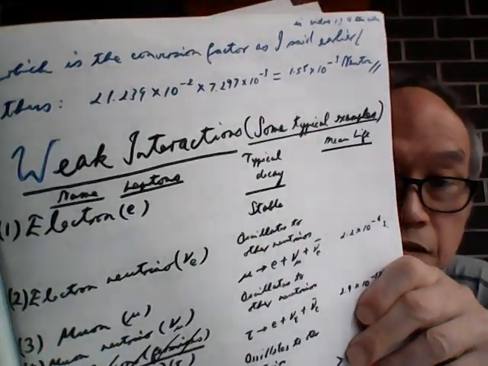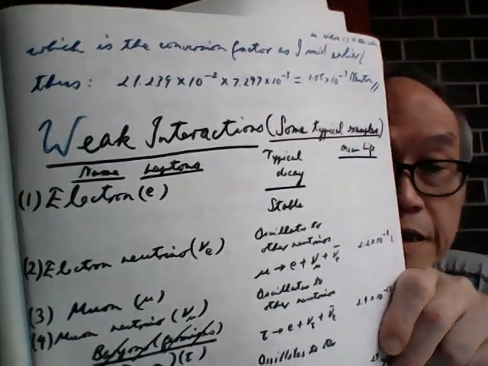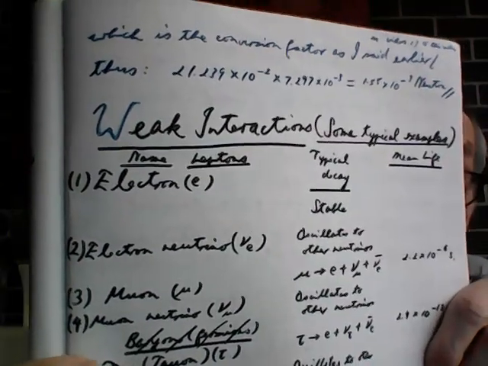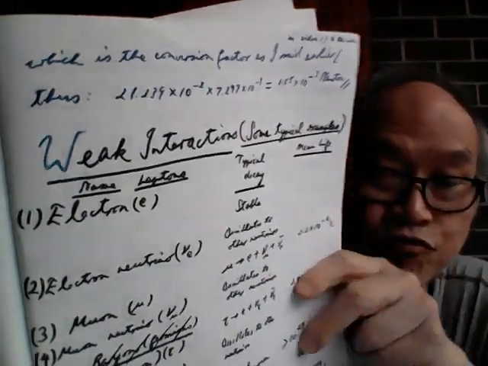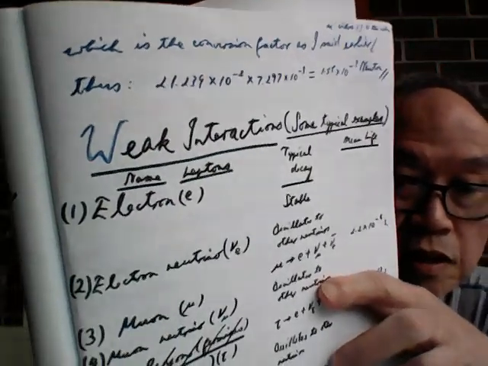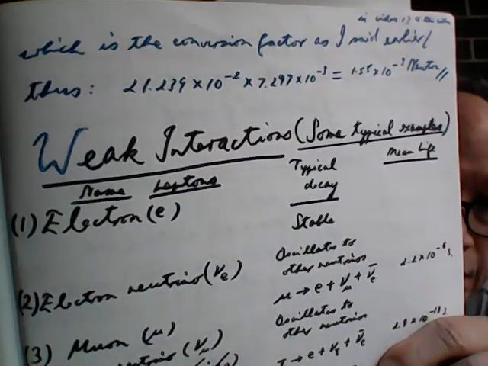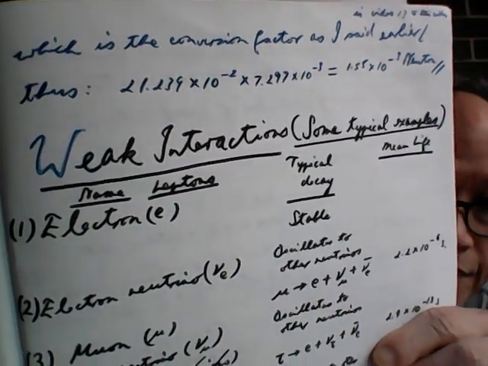To say it is temporarily short is just an understatement. It is actually like a lightning flash. It disappears like a lightning flash. And the muon neutrino, the typical decay type is that it oscillates to other neutrinos.